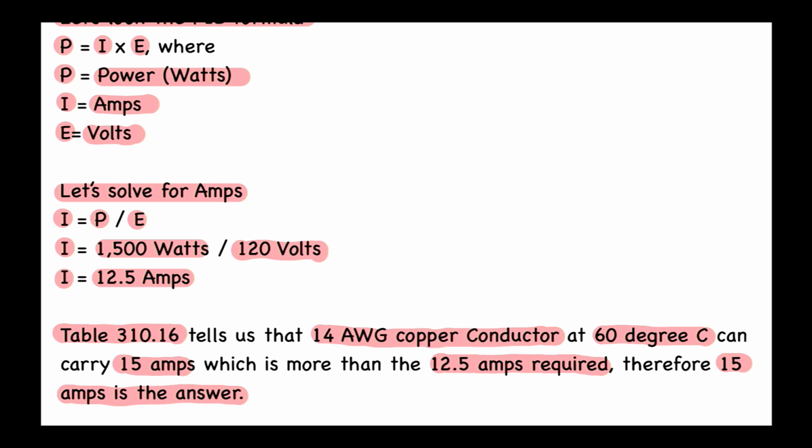But since a microwave is going to be on for maybe 1 minute, 2 minutes, 3 minutes, maybe 10 or 15 minutes, not a very long duration, we're not going to subject this to the continuous load, and we are not going to multiply this by 125%. I mean, we don't have to, but when I see people using heavier conductors than they have to, that's not a bad thing. That just means they're going to have less resistance in those branch circuits.